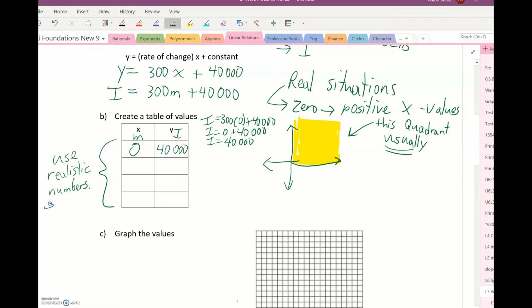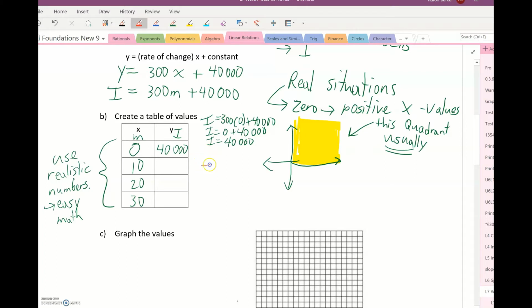But we also want to make sure we have easy math. Okay, so how about we sell like maybe 10 machines, maybe 20 machines, and maybe 30 machines? Because that's probably more realistic. Otherwise, the company will go broke if he actually doesn't sell anything.